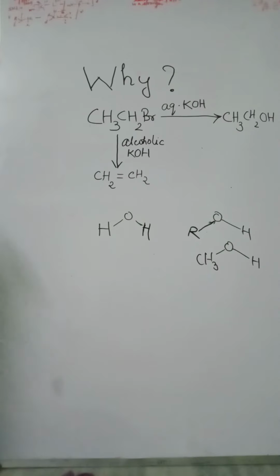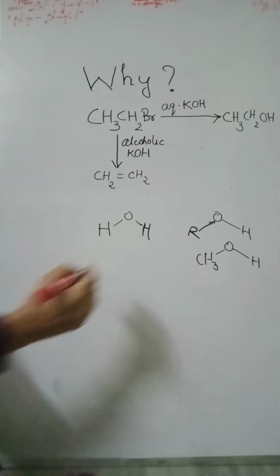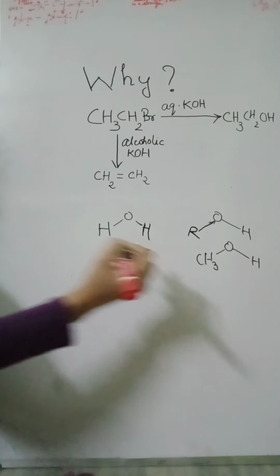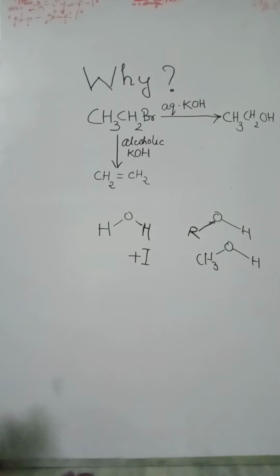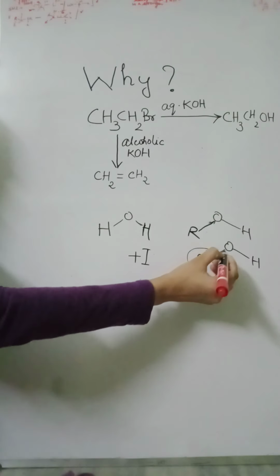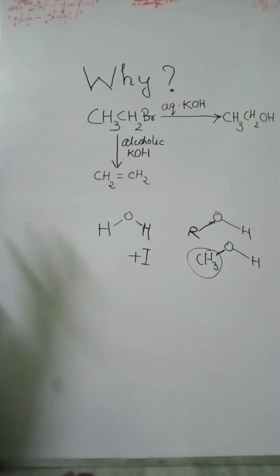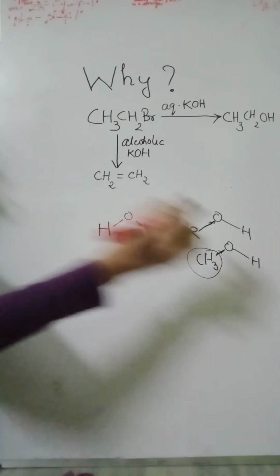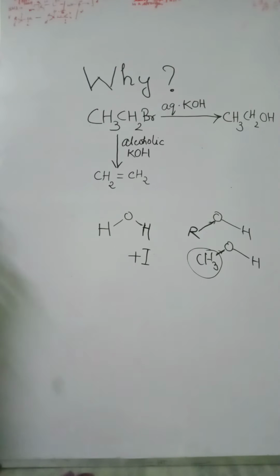Now, what is the type of inductive effect that an alkyl group shows? It should be plus I effect. Here, I stands for inductive, plus means electron pushing effect. Inductive effect is an effect in which molecules push the shared pairs of electrons via the sigma bond. Now, what's happening?